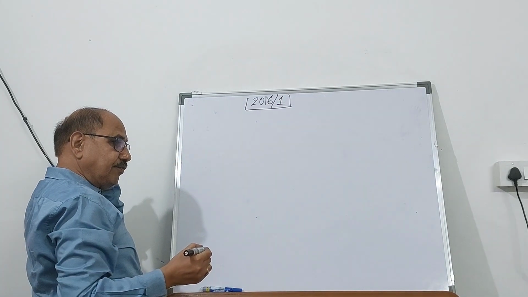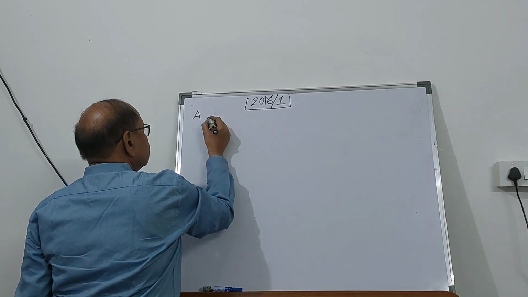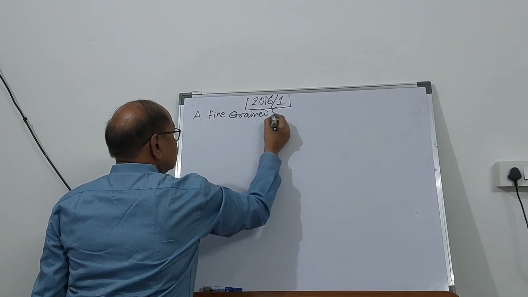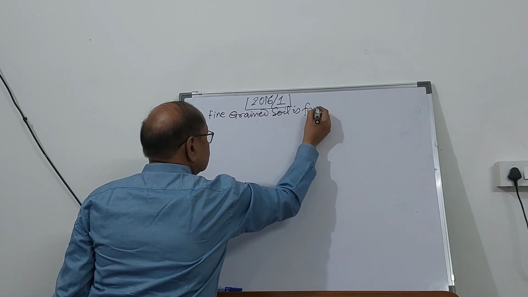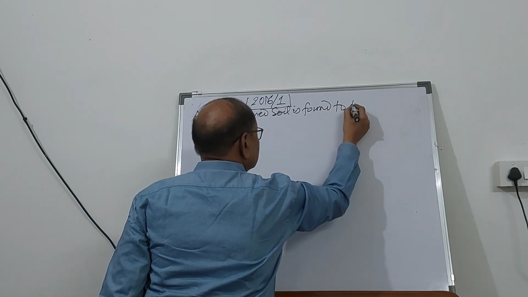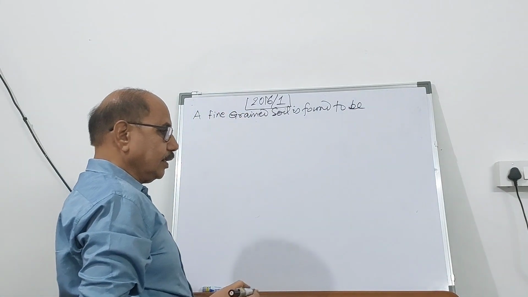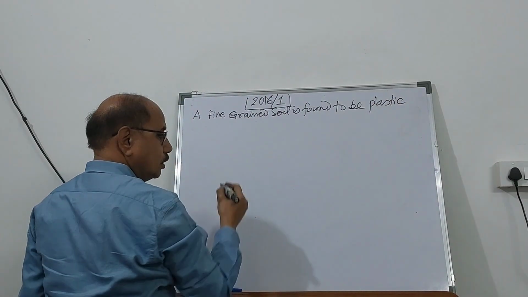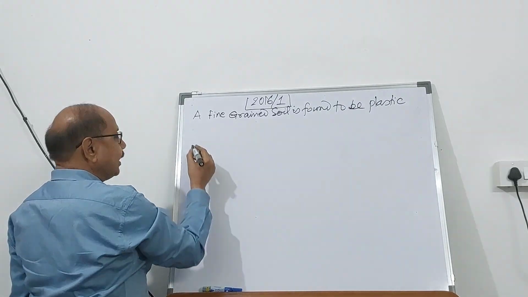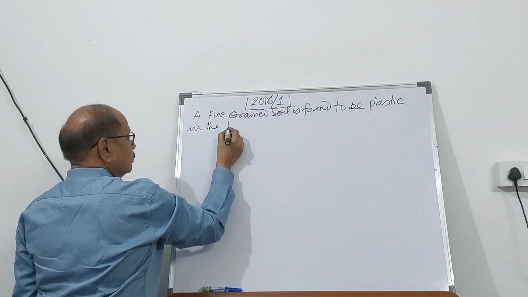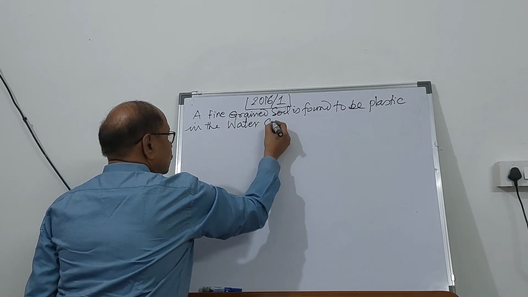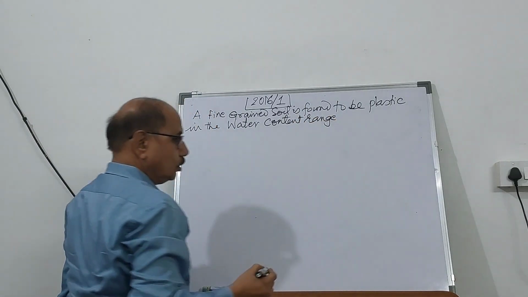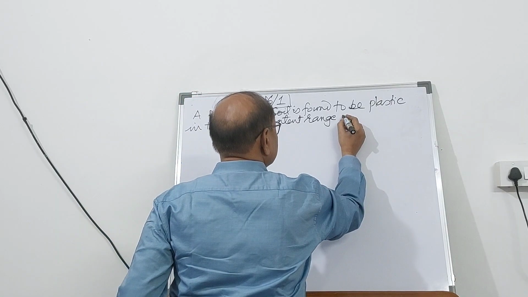Set 1. A fine grained soil is found to be plastic in the water content range of 26 to 48%.